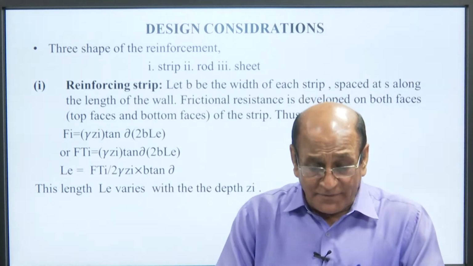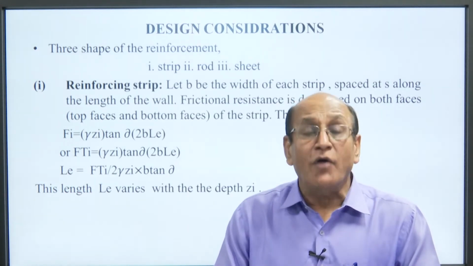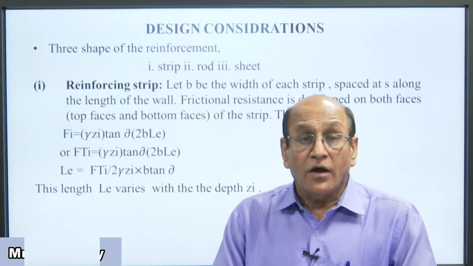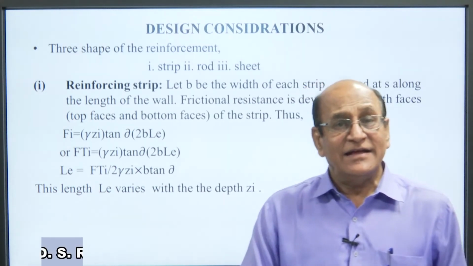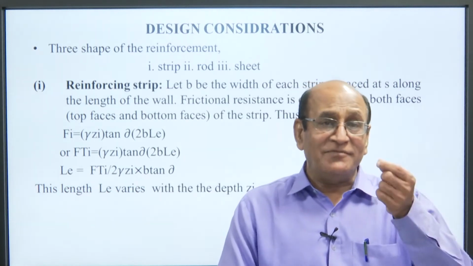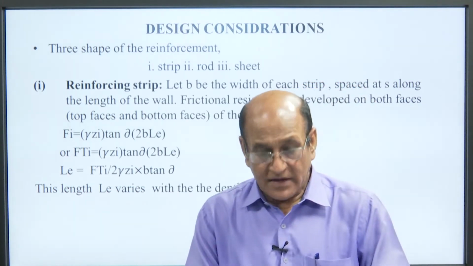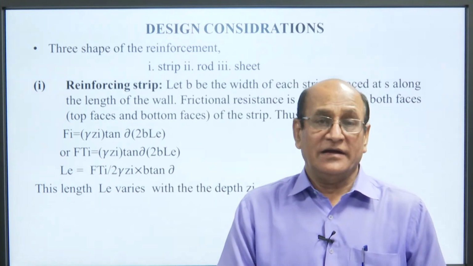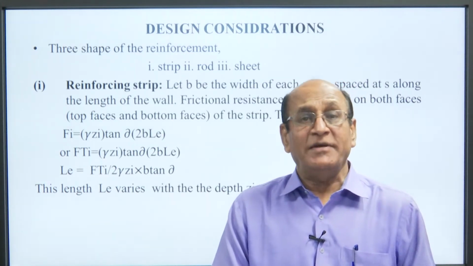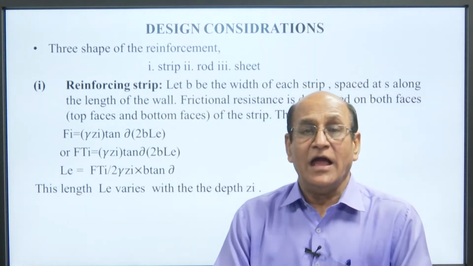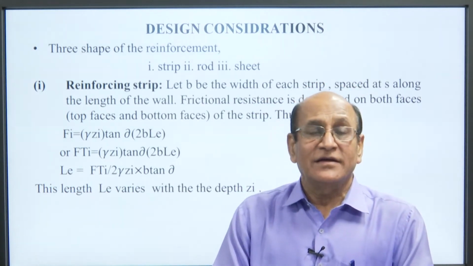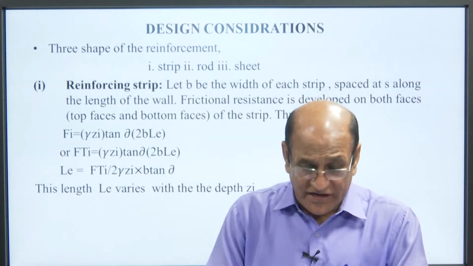There are 3 types or shapes of reinforcement. One is a strip, which has length, some width, and some thickness. Second is a rod, maybe round, having a certain diameter, and third is the sheet, which has a wide length and width as compared to thickness.